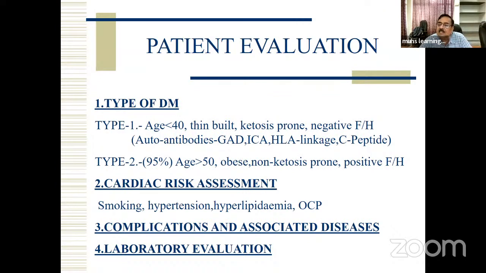Complications and associated diseases. If you know the person has had the disease for a longer period of time, has autonomic dysfunction or neuropathy, he is prone to hypoglycemia, and that is why you avoid tight control.